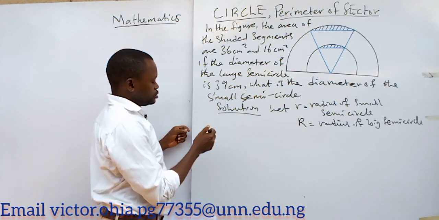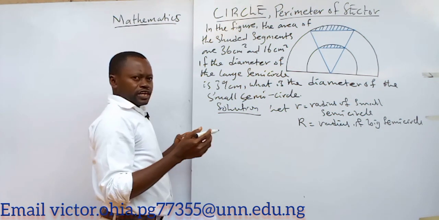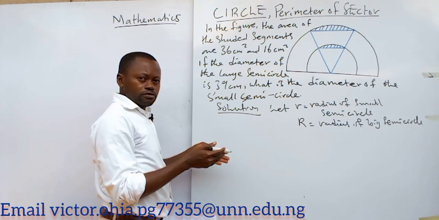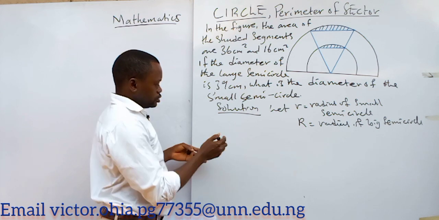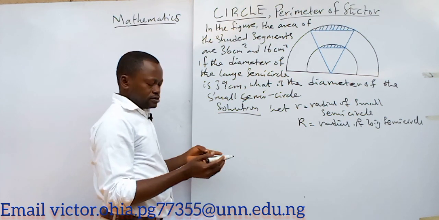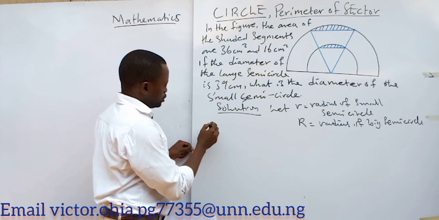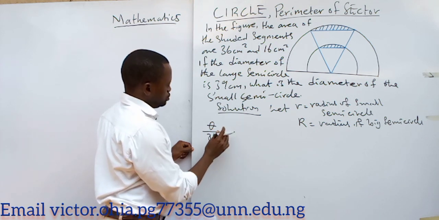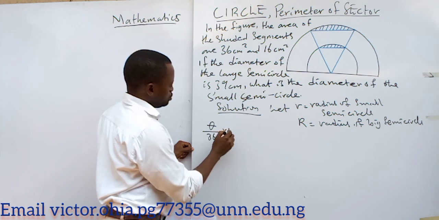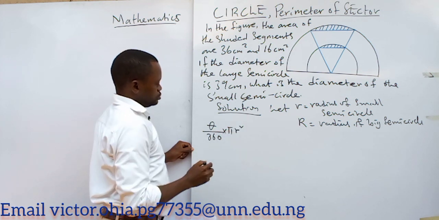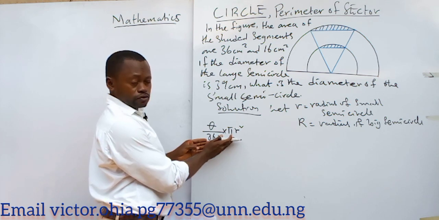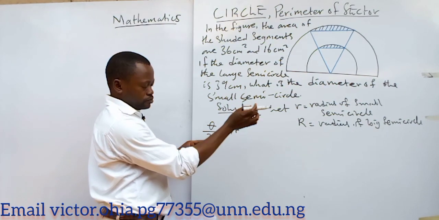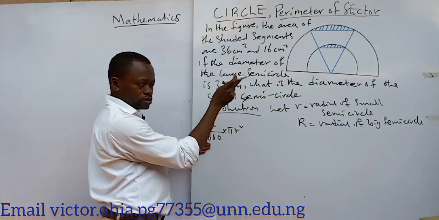The area of a sector minus the area of the triangle will give you the area of the minor segment, expressed mathematically as theta over 360 times pi r squared. This is the area of a sector, but I'm using small r squared here in line with the small semicircle that has a small sector.